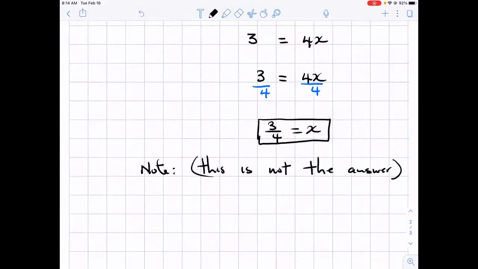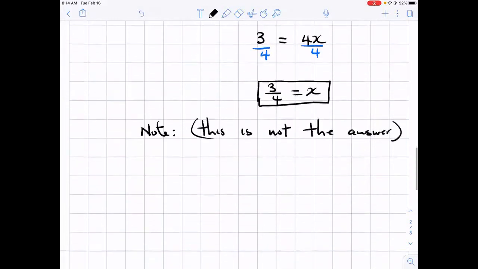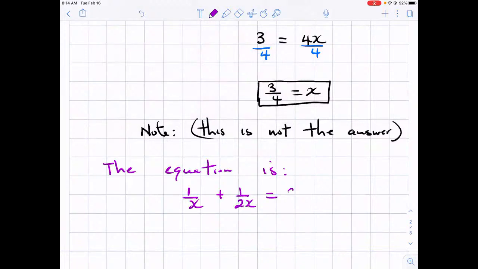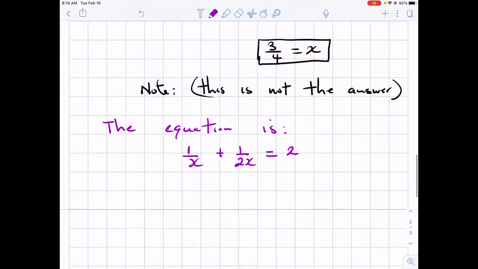So remember, our problem, our equation, is 1 over x plus 1 over 2x is equal to 2. So we have the value of x.